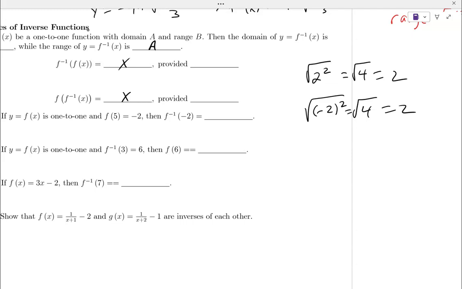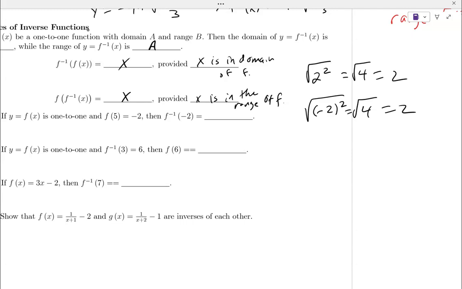All right? So this first part is provided that your x is in the domain of f. And the second part is provided that your x is in the range of f. Remember, this x has to come out of the inverse function at the end, right?